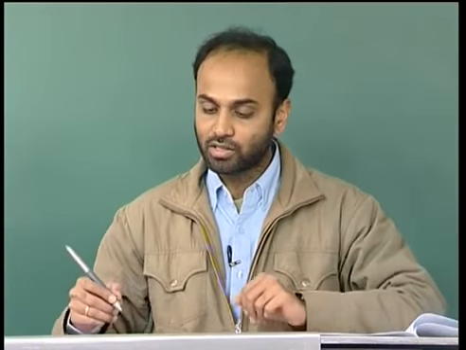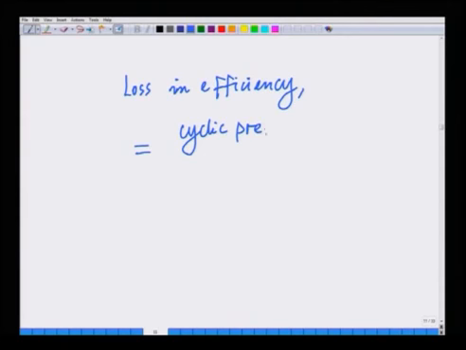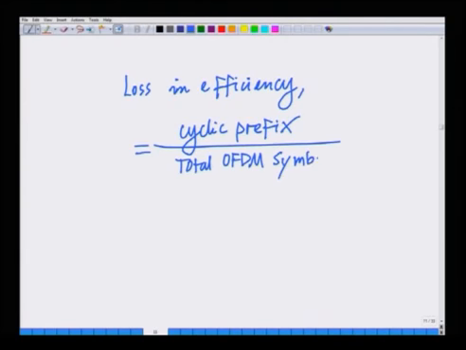In fact, the loss in efficiency is nothing but the cyclic prefix length divided by the total symbol length. Which is equal to, we know that the cyclic prefix length is nothing but L minus 1.